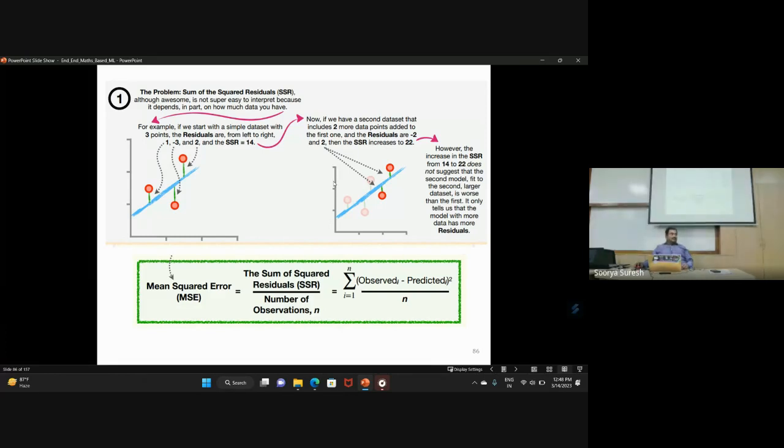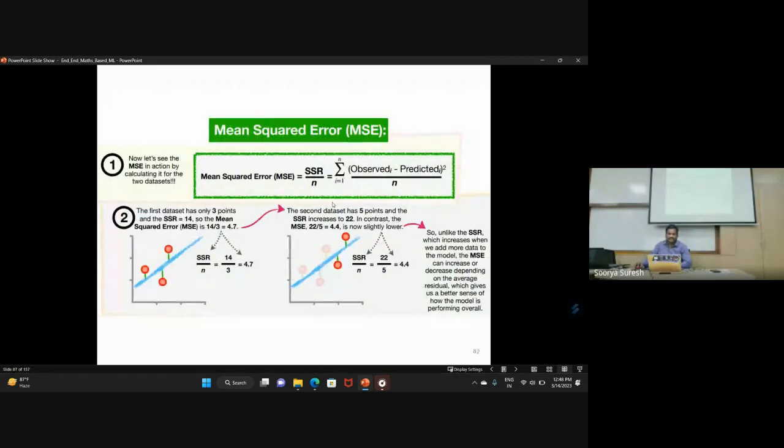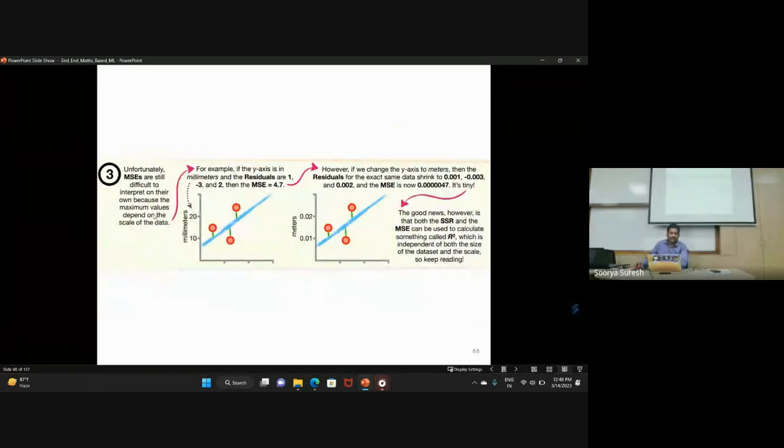Measurement. See, here we are finding the difference. Now, if I change the measurement, say you have millimeters, the difference is this one. If you have meters, then depending upon my x, meaning my number of points, the error increases.